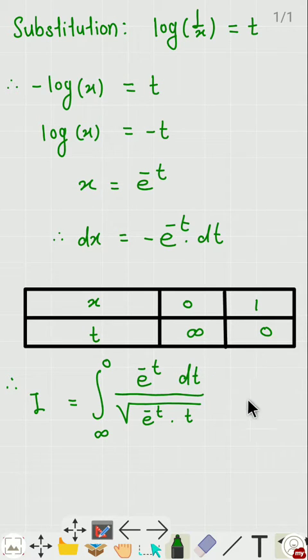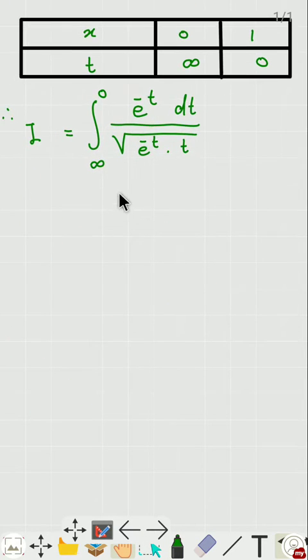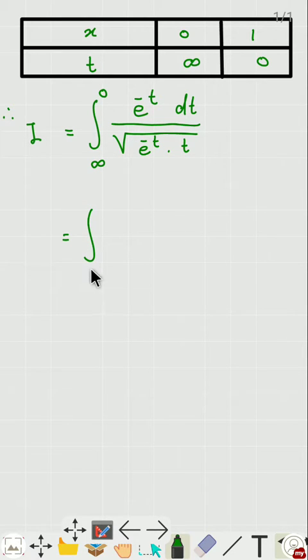Okay, I is equal to, there is no constant term, integration from 0 to infinity t raised to the power minus 1/2 into e raised to the power minus t by 2 dt.